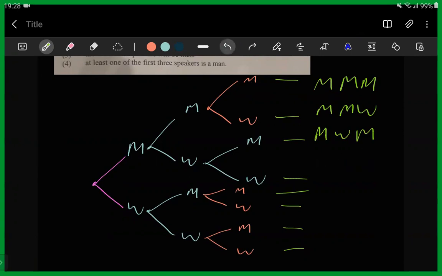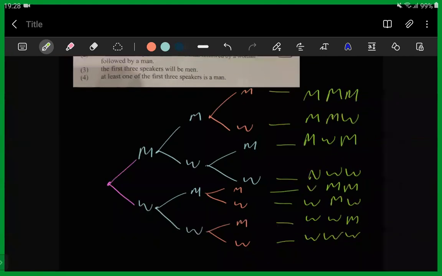It's easier to do it backwards. Man, man, woman, and then woman, man, woman. Man, woman, woman. Woman, woman, woman. There you go.